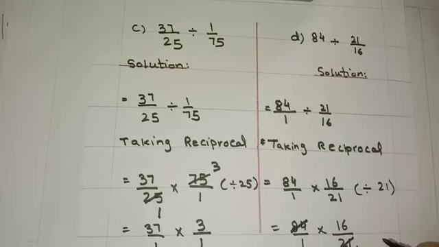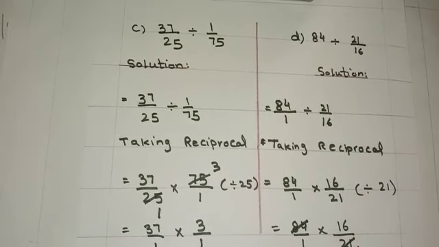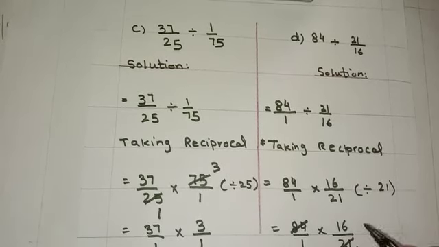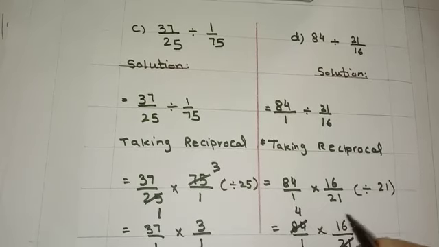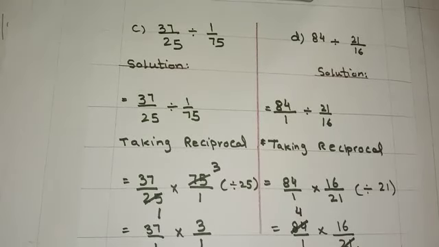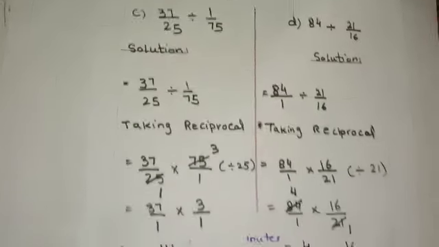Or you can do cutting with the table of 3 or 7 as well, but it will take too much time. 21 fours are 84. Now 4 over 1 multiply by 16 over 1.